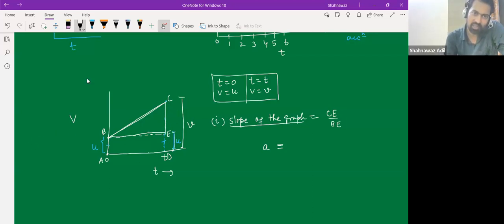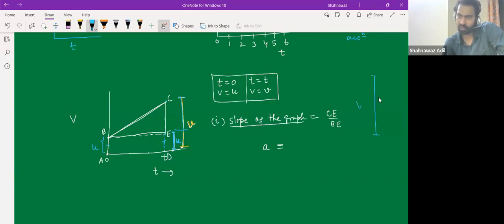Let me write it again. So you have this, total is V, and this much is U. I am asking that this much would be how much? Let me draw it like this.